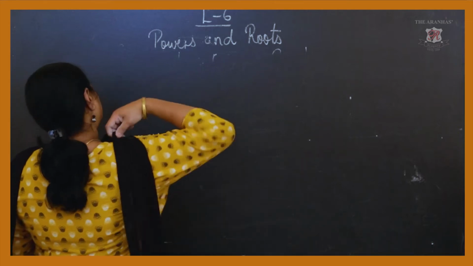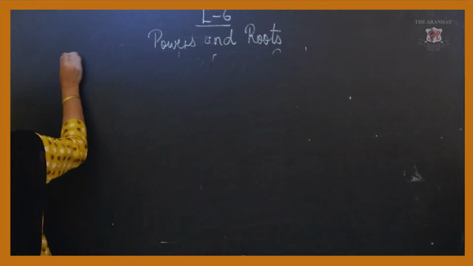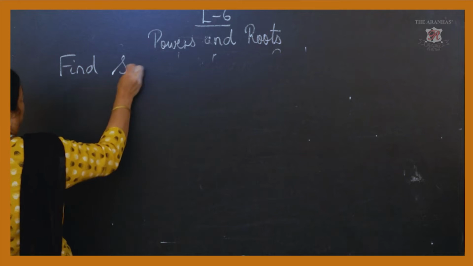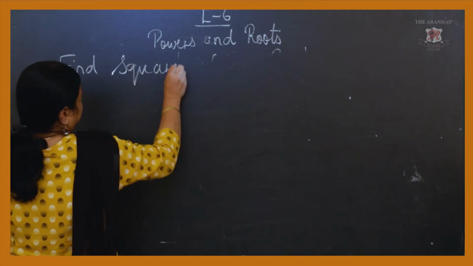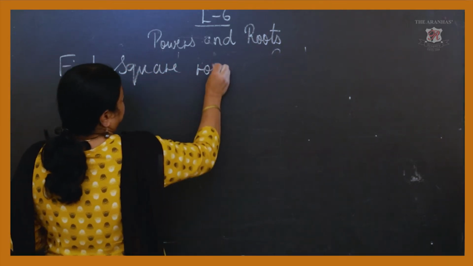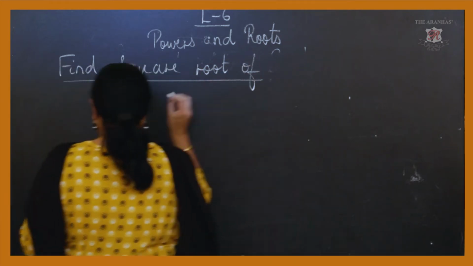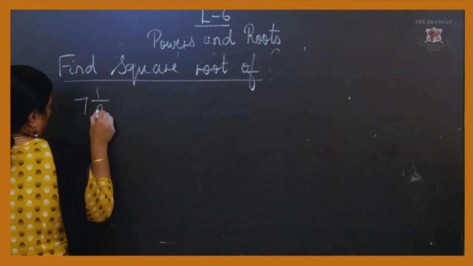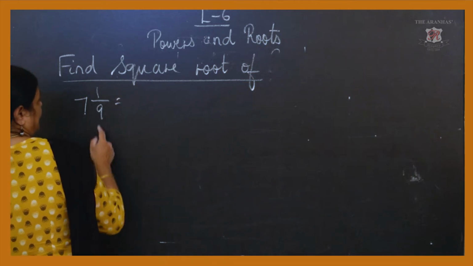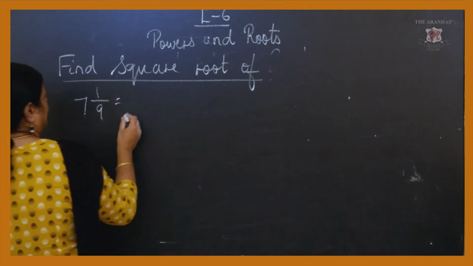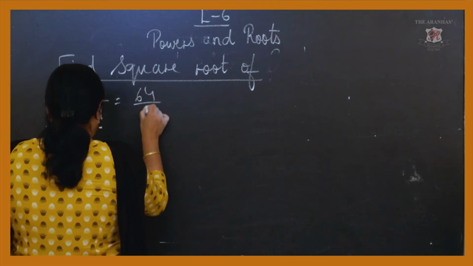if I say find the square root of 7 1 upon 9, that means what? Here 9 sevens are 63 plus 1, 64 upon 9.